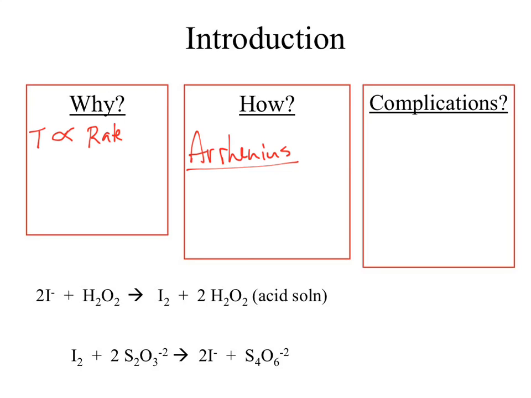So we know that our rate constant is equal to our orientation factor, frequency factor, times e to the negative activation energy divided by R times temperature. Okay? So what we want to do is come up with an experiment that allows us to see that.